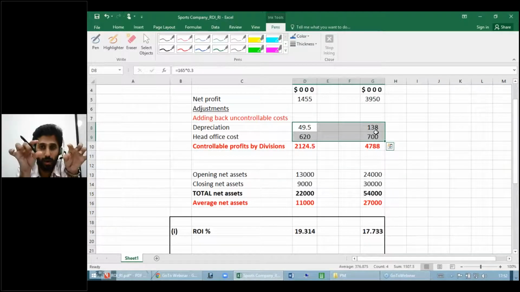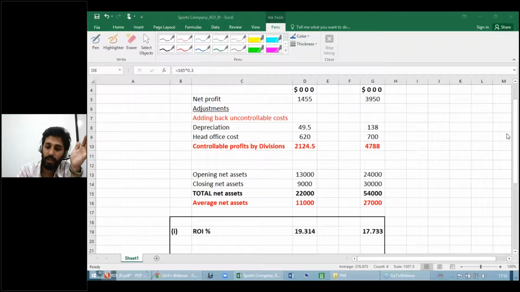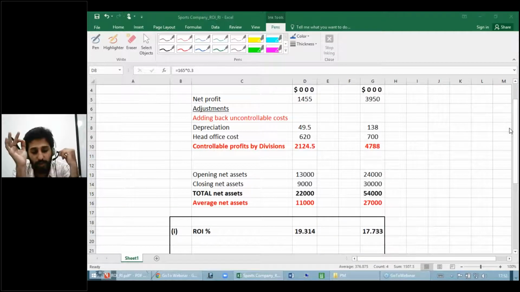Because this cost which I have added, first of all, Nidusha, please tell me, do you understand at least how this cost was calculated? Nidusha, will you please type here, do you understand how this figure was actually calculated? And the concept behind that I will be repeating. But first tell me, do you understand this calculation?